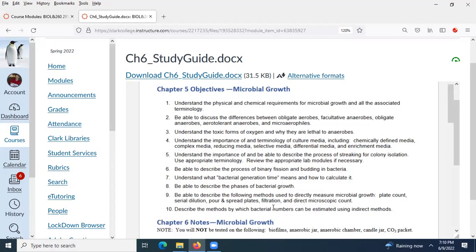And then there are direct microscopic count methods and indirect microscopic count methods. The indirect methods estimate the bacterial numbers. The direct method counts the bacteria directly. Like a direct microscopic count, we'll be counting the cells under the microscope on a gridded slide that has a specific volume.